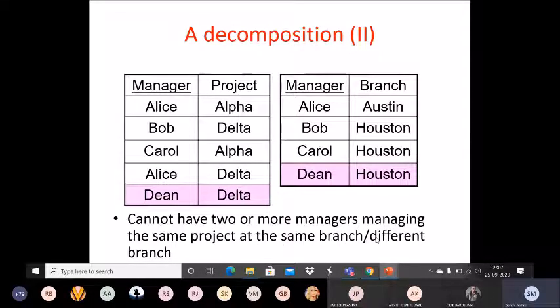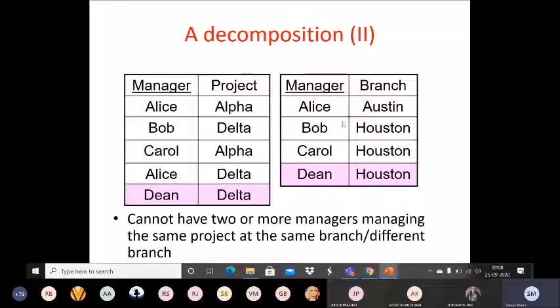Already Alice is the manager in Delta, so Dean can't be the manager of this project Delta. Manager, branch: manager is Dean and the branch is Houston.